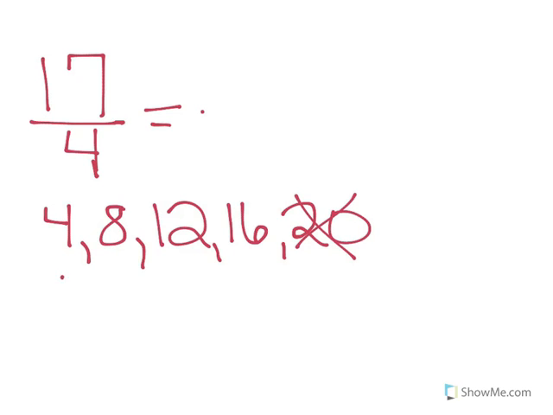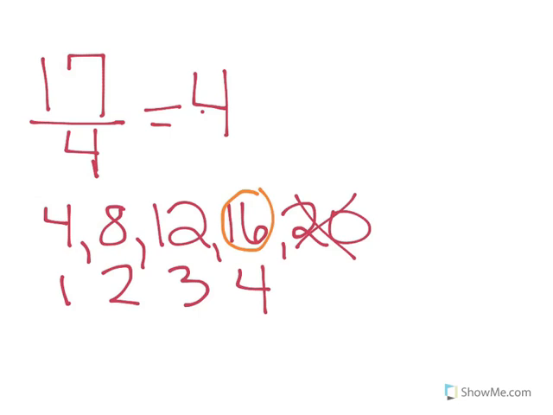So 1, 2, 3, 4. So it takes 4 multiples of 4 to get as close as we can to 17. And so 16 is as close as we can get. We have to think 16 plus what gives me 17, and that's 1. So 4 1/4.